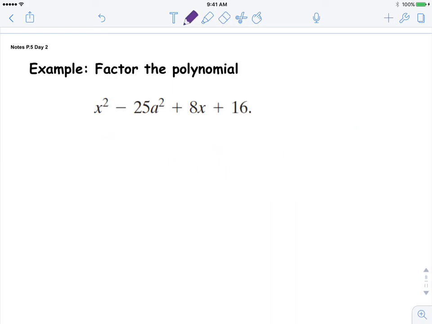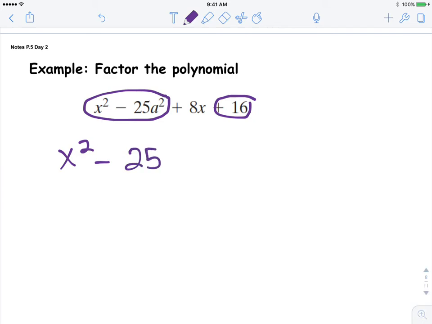So the next choice is to see if we can come up with a trinomial. So I'm going to take these first two terms along with this one. So x squared plus 8x plus 16. Sorry, I meant this term here, sorry.